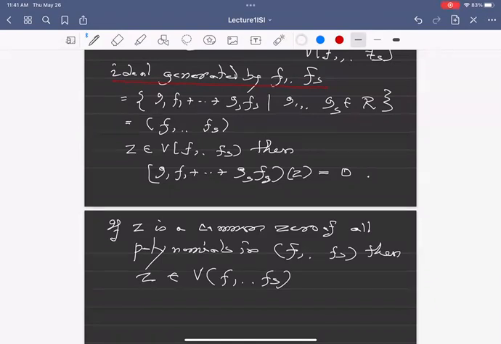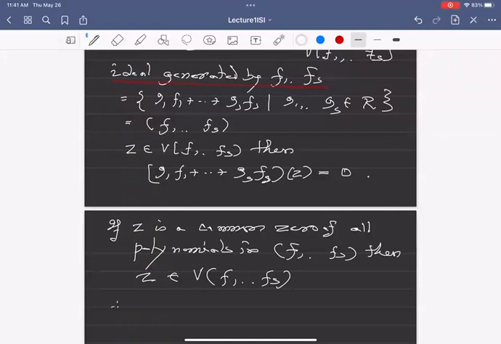I just take g1 equal to 1 and other gi equal to 0. So if I have a common zero of all polynomials in the ideal, it is also in the variety defined by f1 up to fs.